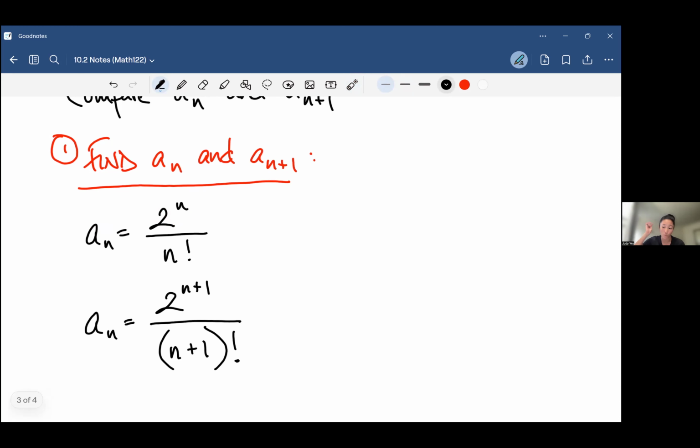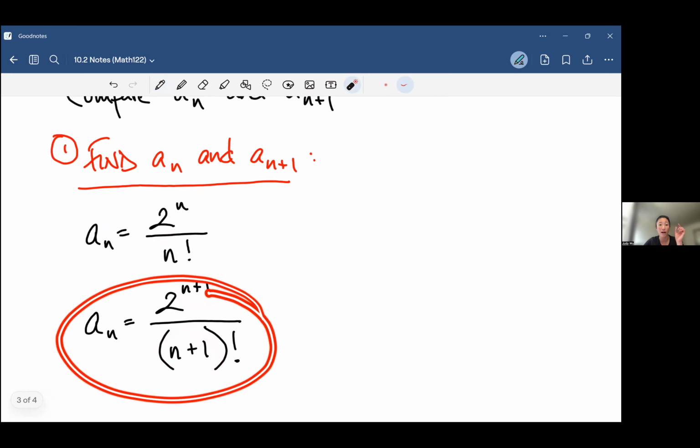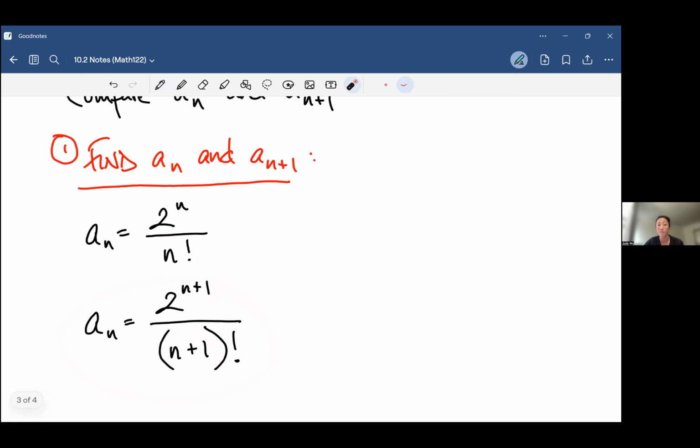We're literally substituting everywhere there's an n, we're replacing it with n plus 1. Sorry, that's supposed to say plus 1.